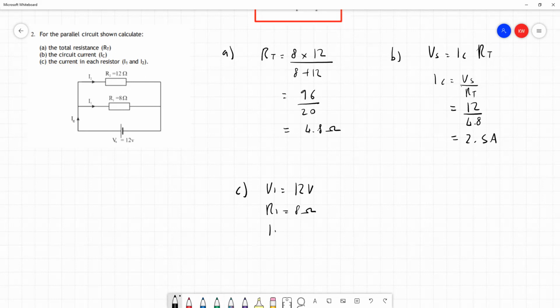And we just need to find the current across resistor 1. But we can just again use Ohm's law. We can always apply Ohm's law to an individual component when we know two of these three things. So I1, the current running through that branch there, is equal to V1 divided by R1, which is equal to 12 divided by 8, which is equal to 1.5 amps.